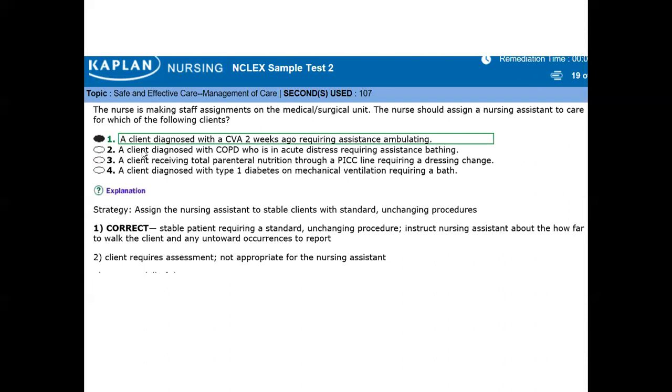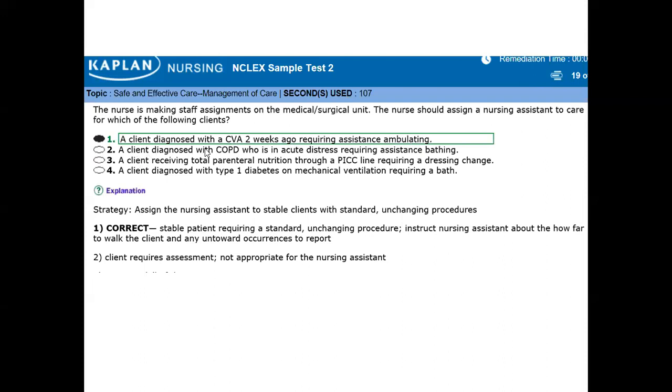Number 1, a client diagnosed with a cerebrovascular accident, or CVA, or stroke, 2 weeks ago. So almost 14 days ago, and the patient is stable now and requiring assistance for ambulating.